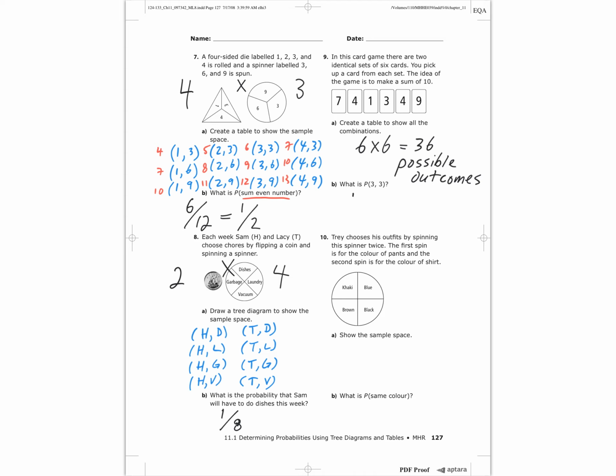So the answer is actually, there's a 1 in 36 chance that if you drew a card from one stack and the other, that you would get a 3 followed by a 3. And if we were to write out all 36 possible outcomes, you would find that it only ever happens once. We'd have 36 things written down in brackets here, and you'd only ever have a 3 followed by a 3 one time. Okay?